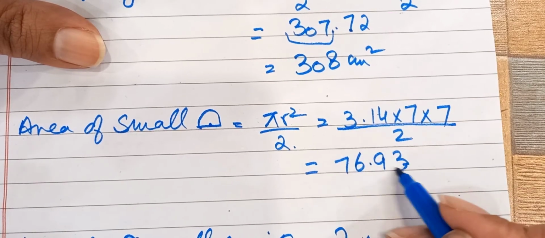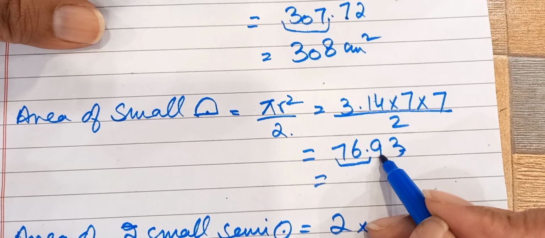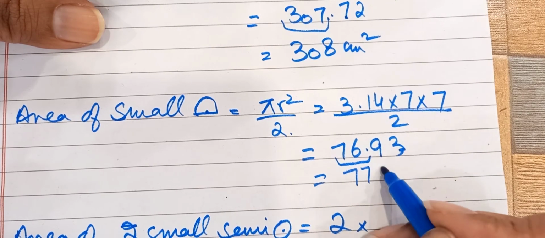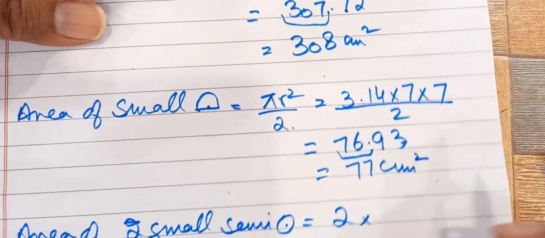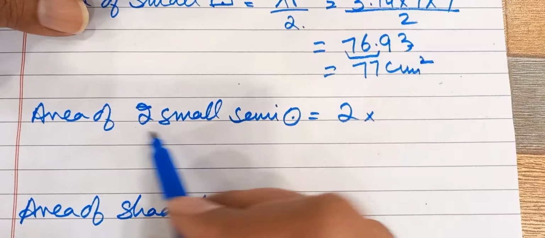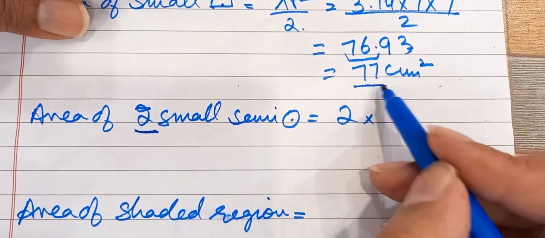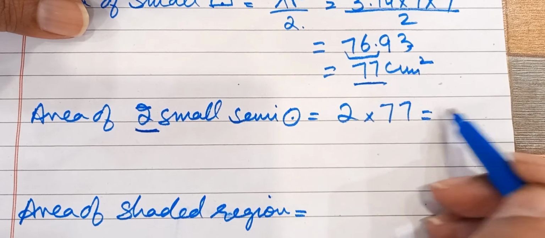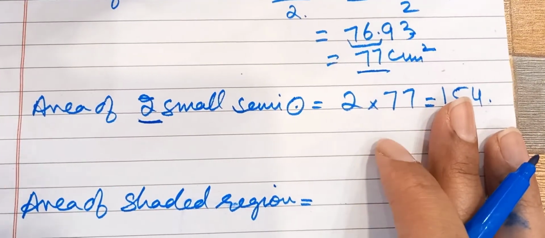I have rounded it off to 2 significant figures. The next number is greater than 5, so I will add 1 to it. So 77 centimeters squared is my required dimension. Now for the area of two small semicircles, I will multiply this by 2 and get my required answer, which is 154.